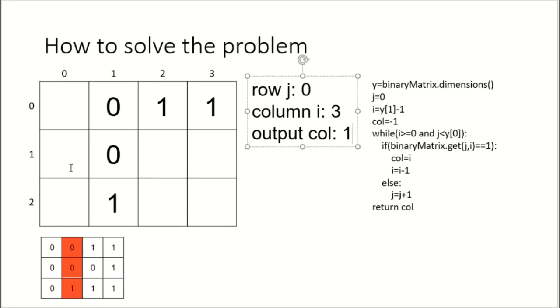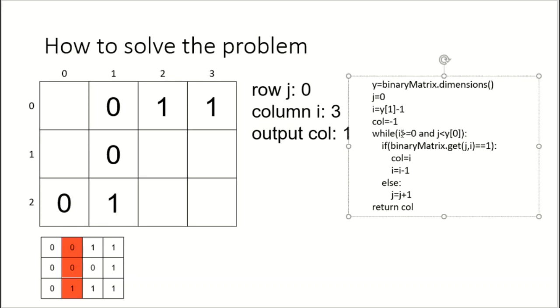And now I check the element to the left of that, and that's a 0. Now I've reached the condition that I've reached the maximum row and the minimum column. So I've gone from the top right to the bottom left. So now I'm ending the while loop, and I'm returning the column number, which is 1. That's the leftmost column that I know of.